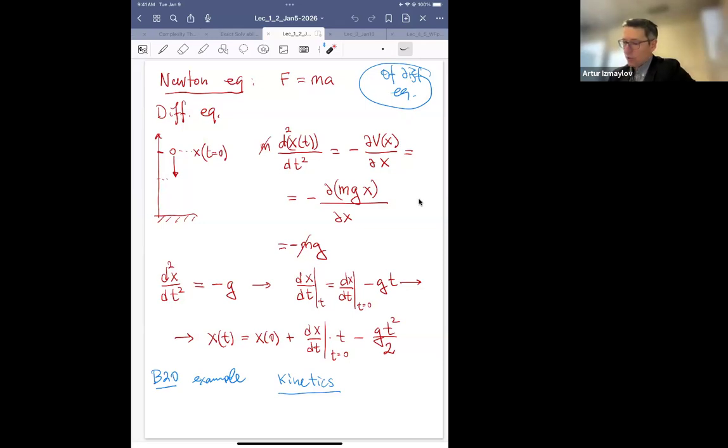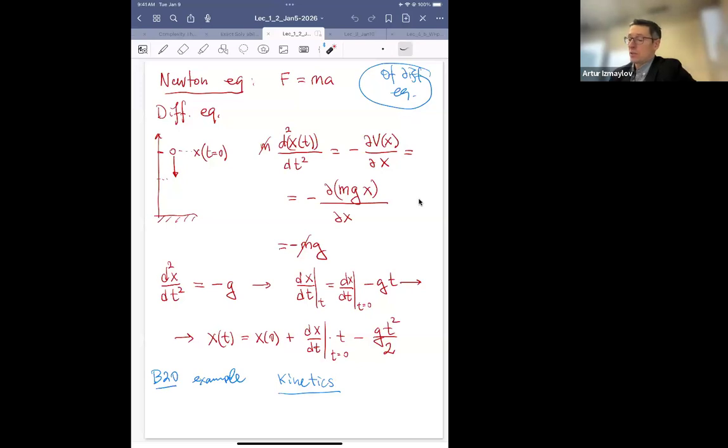With the Newton equation, the procedure is that we formulate the second derivative, which is a, right? We multiply by m, and then we have a force. The force is the negative derivative of the potential. Now, the potential energy is just mg times the height.